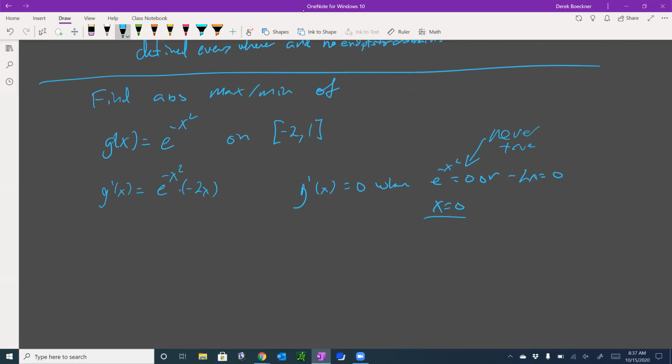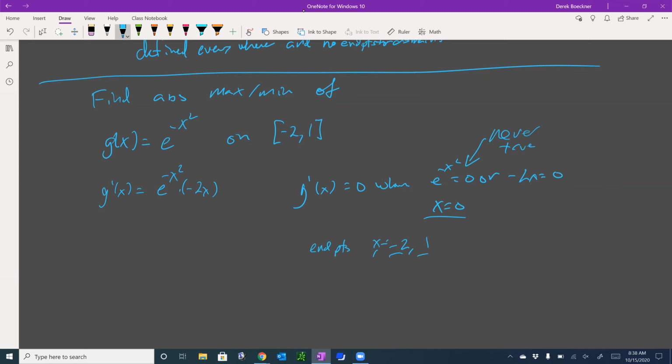We also have to check endpoints. So x equals -2, x equals 1, x equals 0. So far, 3 things to check. And is the derivative or is the function undefined anywhere?